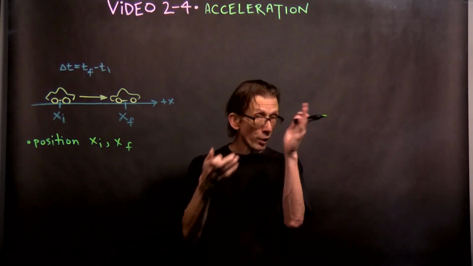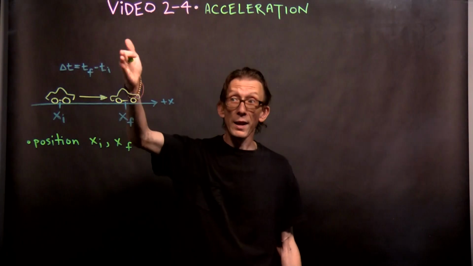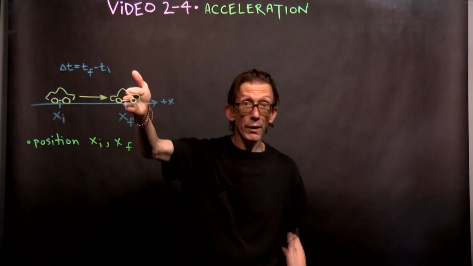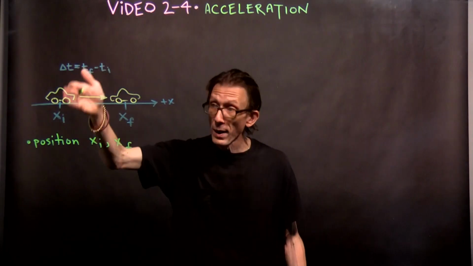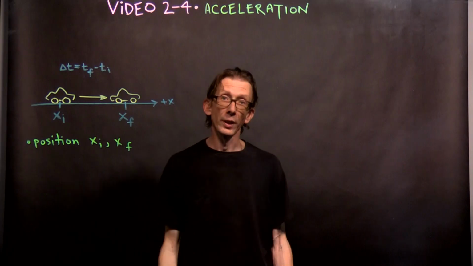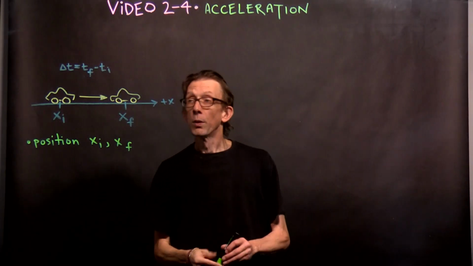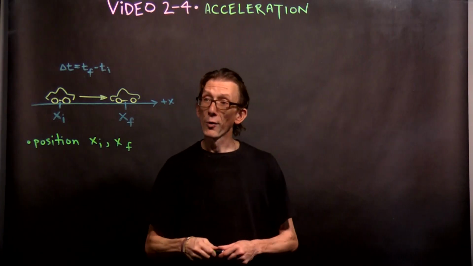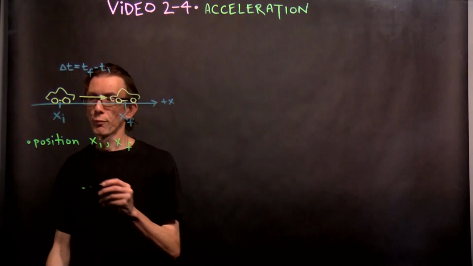But if you're just watching your clock shows some time here at xi, and it shows some time here at xf. And to find out the total time it took to go from xi to xf, you subtract the two, tf minus ti, you get delta t. It's a positive number. Okay, so the car required time delta t to go from xi to xf. So the first big deal is position.